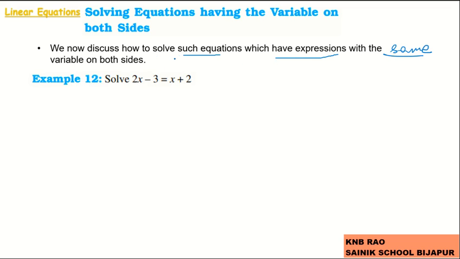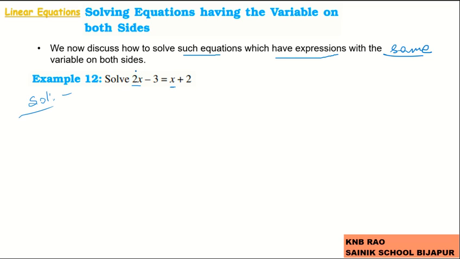For example, this is example 12 of the textbook I have taken. Solve 2x minus 3 equal to x plus 2. See students, you have here the variable term 2x where the variable is x, and the variable term x, that is again the same variable x.